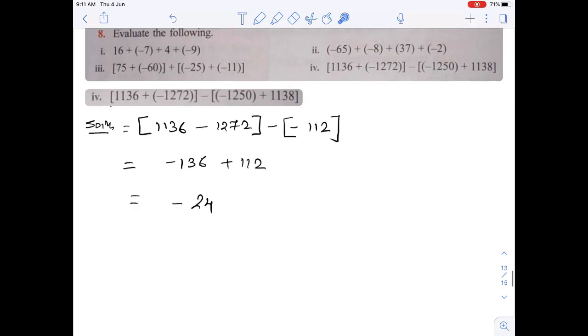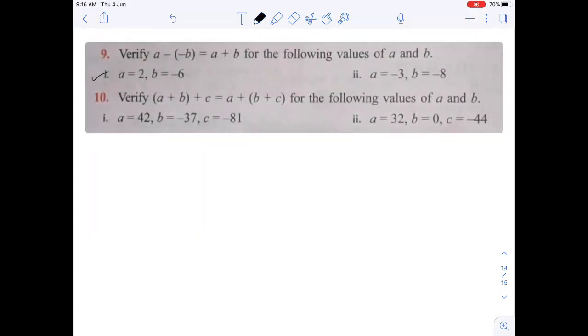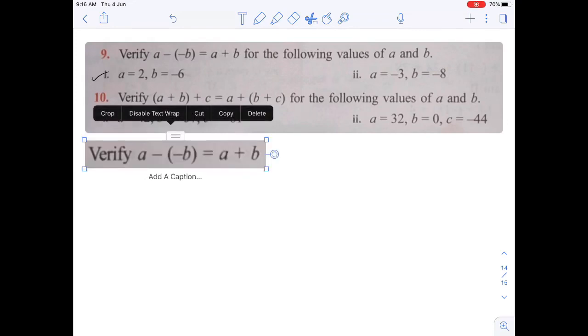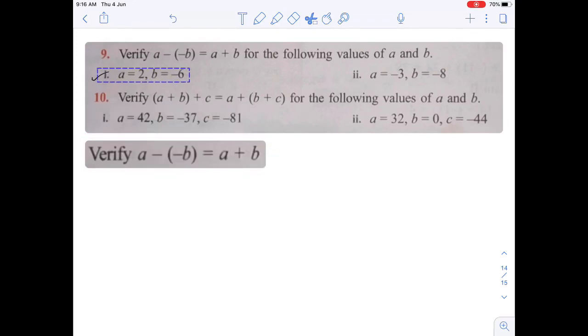Okay, the next one. So now let us start our next question, that is question number 9. Now here we have to verify a minus minus b is equal to a plus b. Let me copy this one here. Okay, now for value, that is first question is given over here.